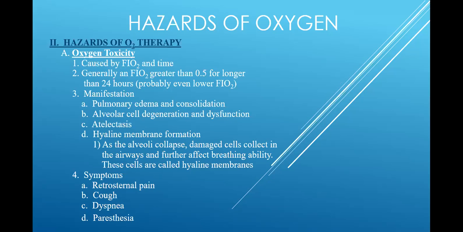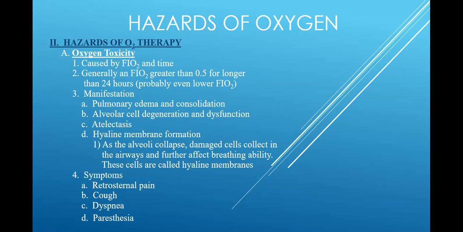But we want to get down as fast as possible because they can become toxic. Okay? Oxygen toxicity needs two things: FiO2 and time. FiO2 greater than 50% for longer than 24 hours. That can cause oxygen toxicity.